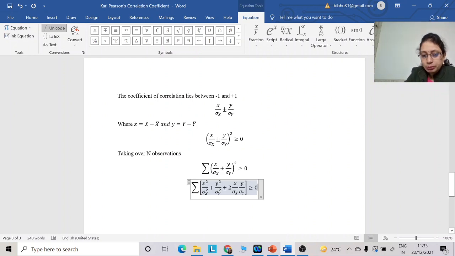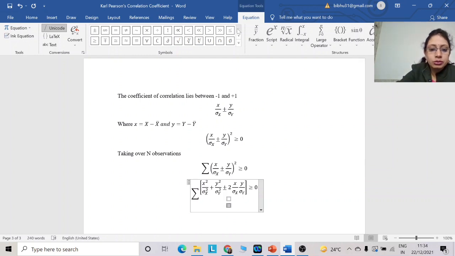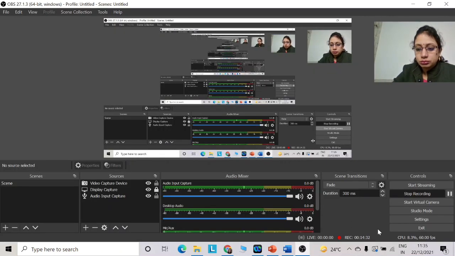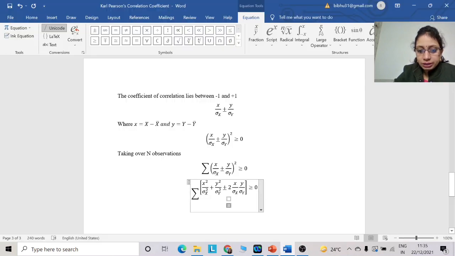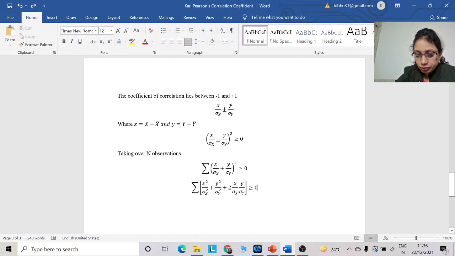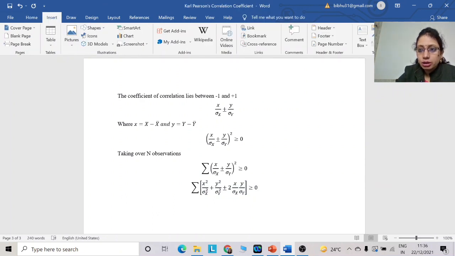Now multiply the summation in each item. What will we get?